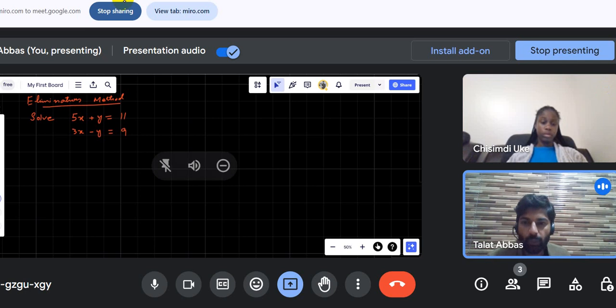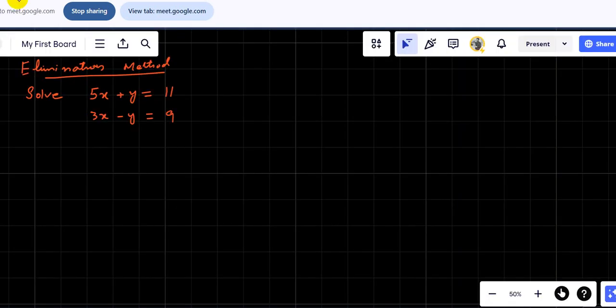Now looking at the variable x. In the first equation, the coefficient of x is 5, and in the second equation the coefficient is 3. But for y, the coefficient in the first equation is 1 and in the second equation is also 1.